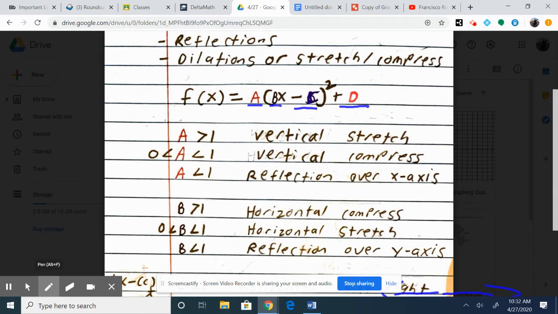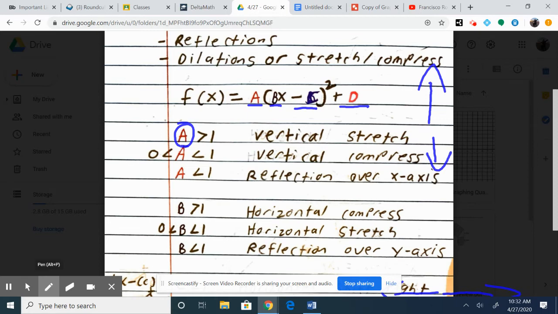So A, if our A is greater than 1, we are going to vertically stretch. And by vertically stretch, that means that we are going to pull the graph vertically up or down.